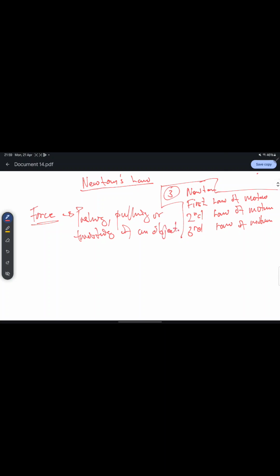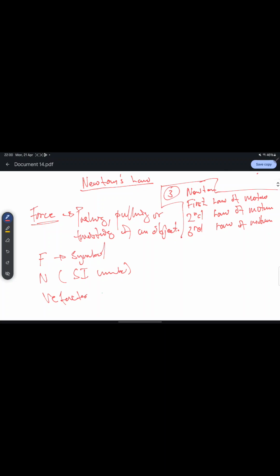That is a force. It is measured in Newtons. Its symbol is denoted with capital letter F. It is measured in Newtons as the SI unit. And it is a vector quantity.